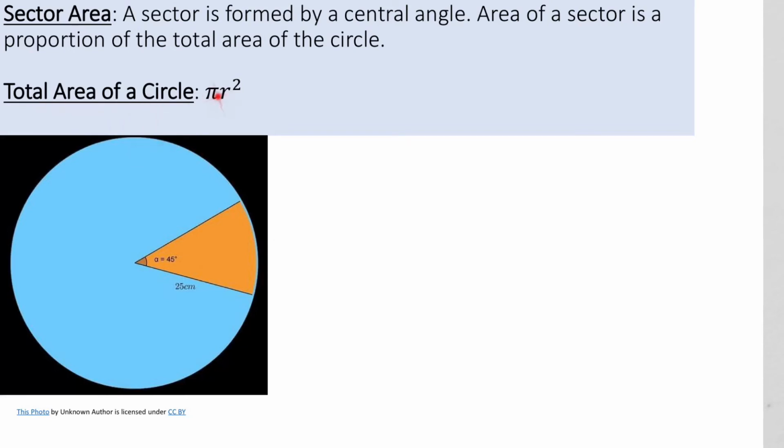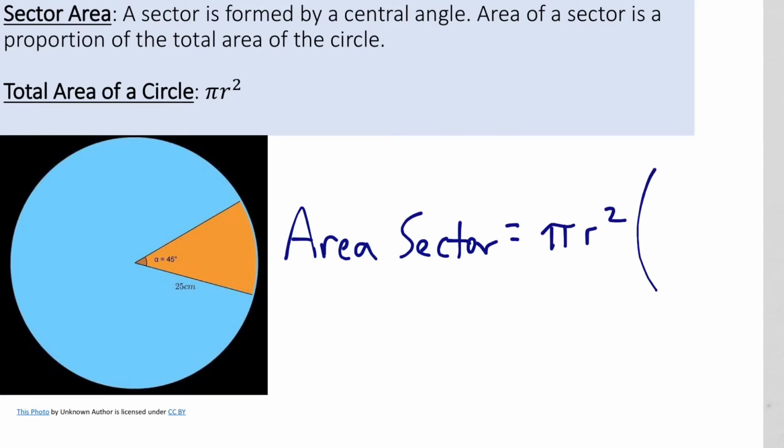The total area of a circle we know is pi r squared. So the way that we would proportion that would be my area of my sector is equal to the total area of the circle times my theta here divided by the total degrees in the circle, and that'll give me my proportion.